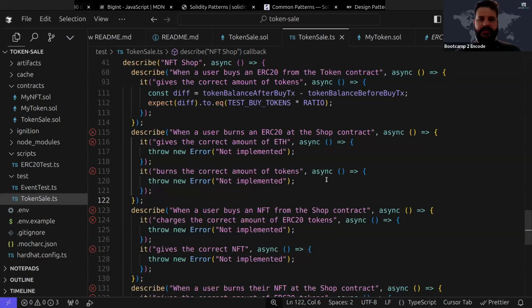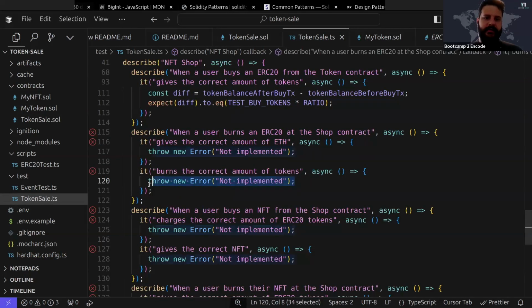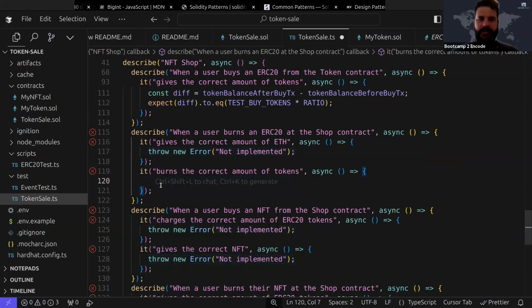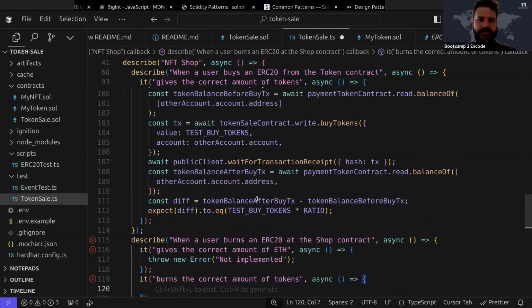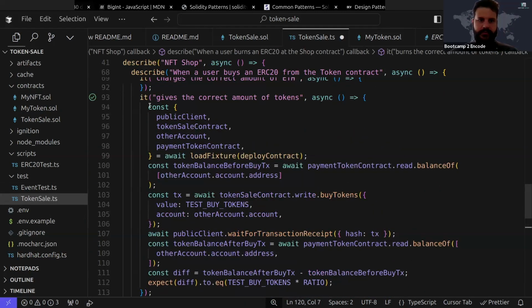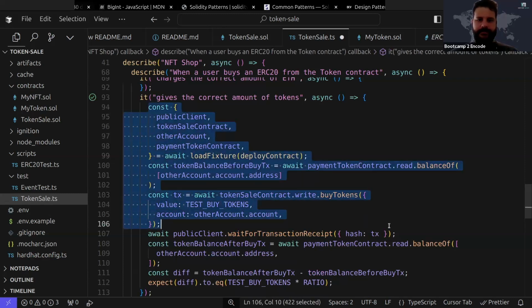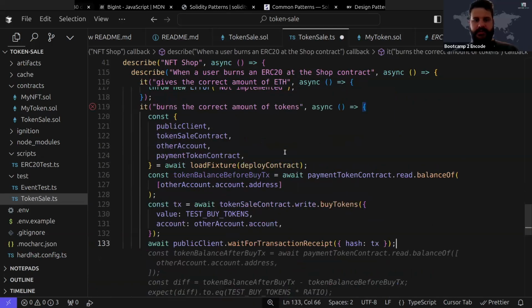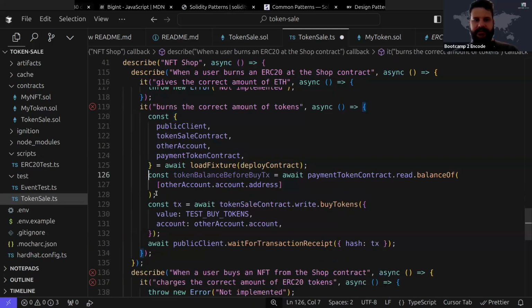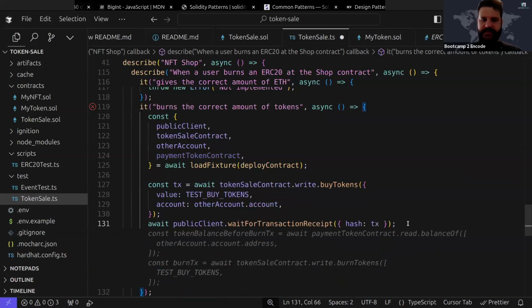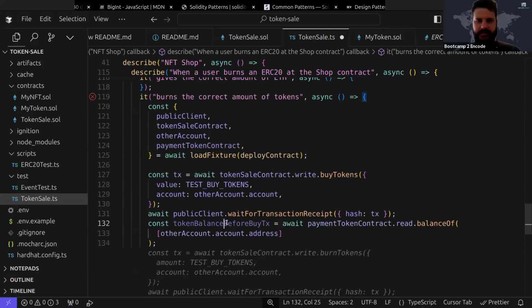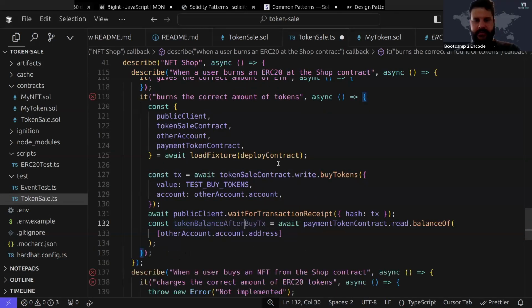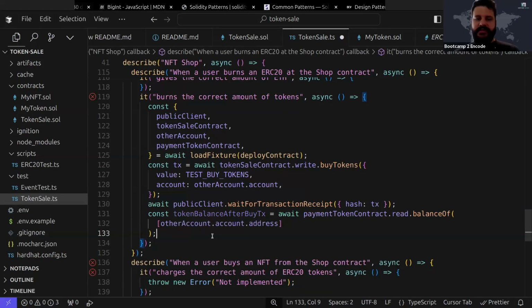So when the user burns, it should burn the correct amount of tokens. So I'm going to copy the whole test for buying the tokens. Okay. So the token balance after the buy transaction is going to be this. Okay, well, we need to repeat because I cannot burn if I don't have those tokens.